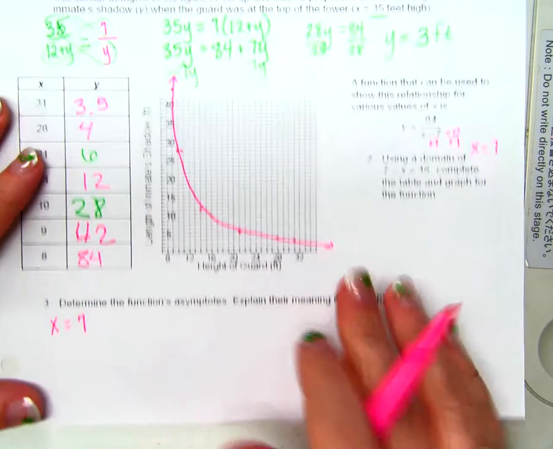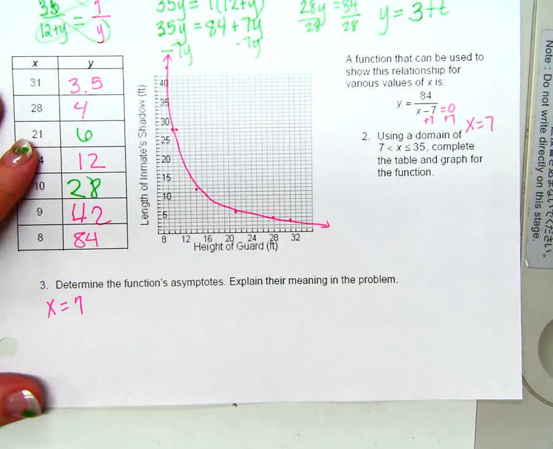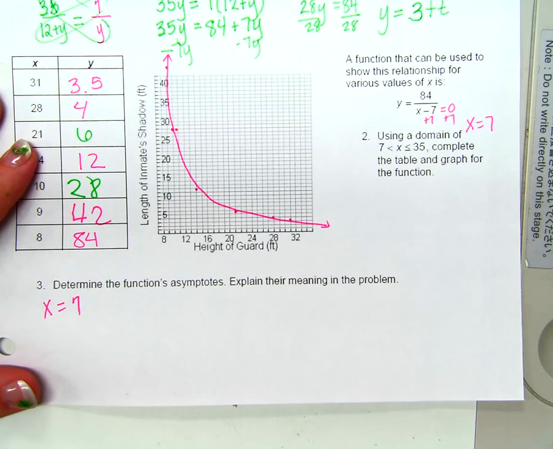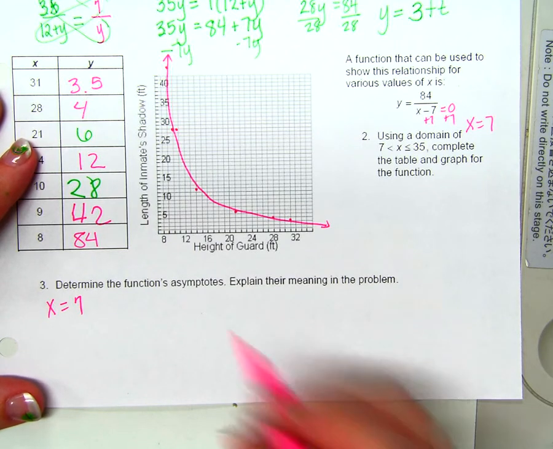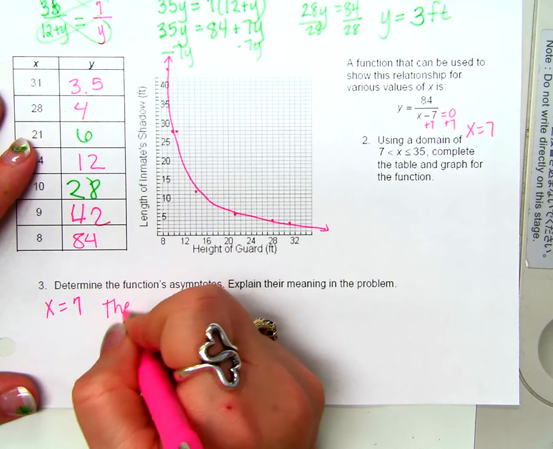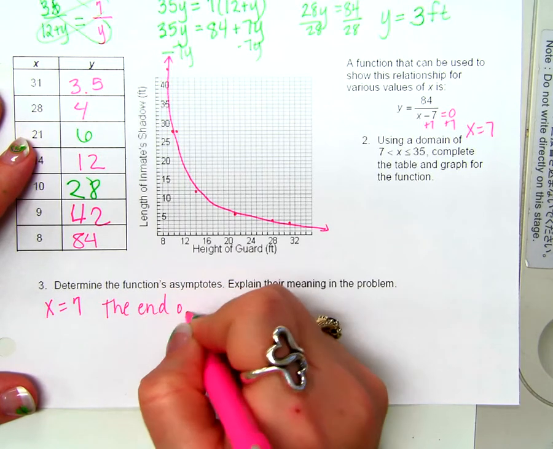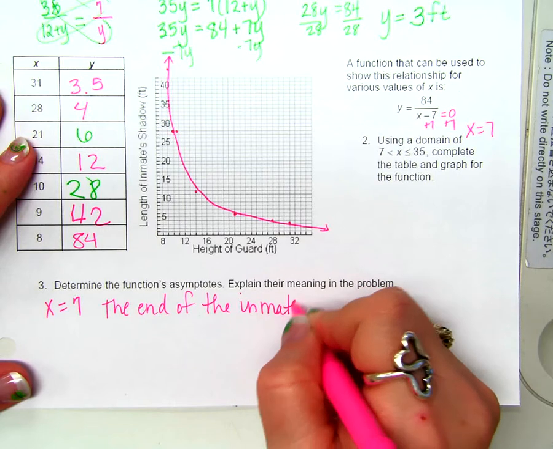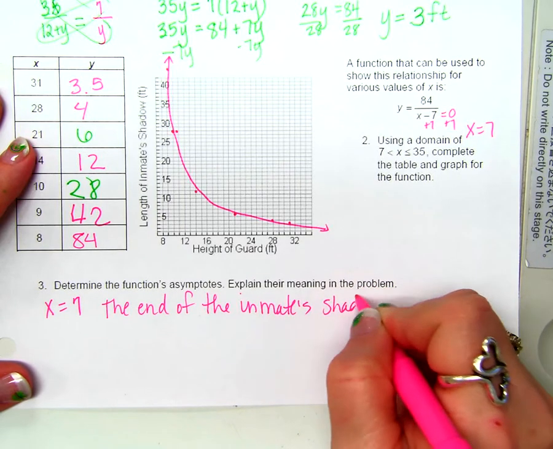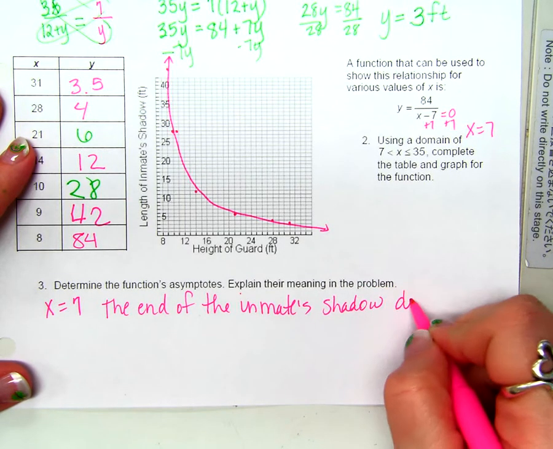Okay. So what do we want to write? I know what you mean. The shadow disappears. How about if we say the end of the shadow disappears? Does that make sense to you guys? You guys knew what he meant too, right? There's still a shadow, but you can't see the end of it. Okay? So the end of the inmate's shadow disappears.